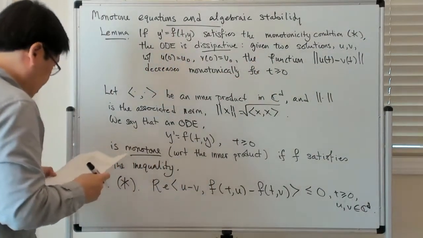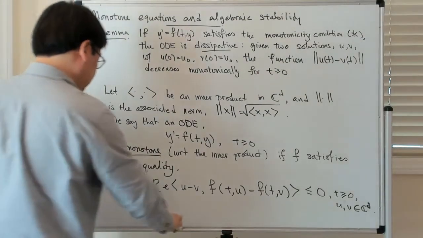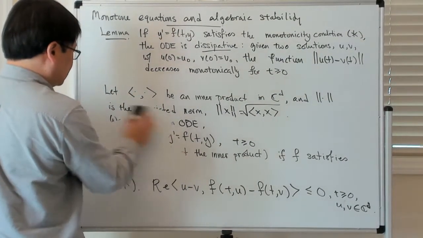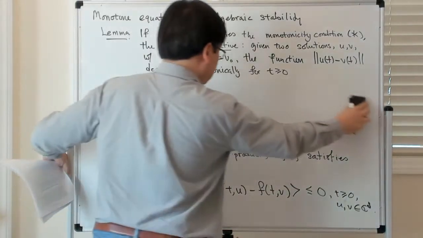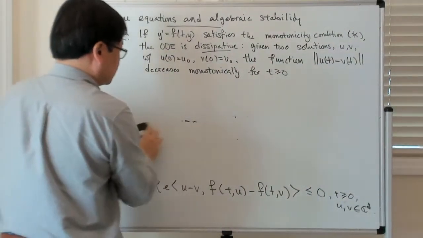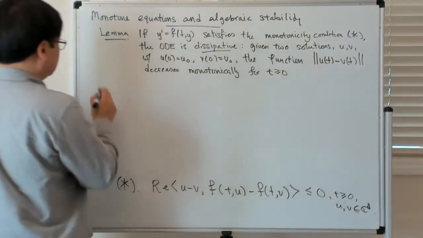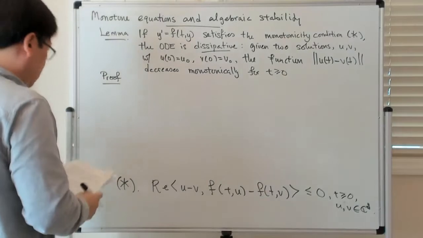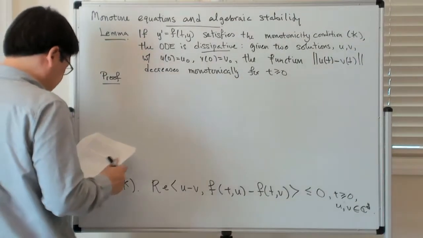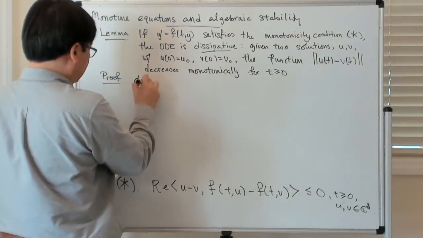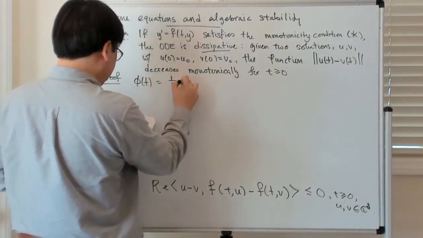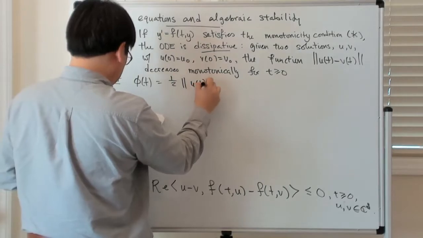Okay. All right. So let me erase everything except the inequality and prove this result. You have phi of t, which is 1/2 the square of this distance.